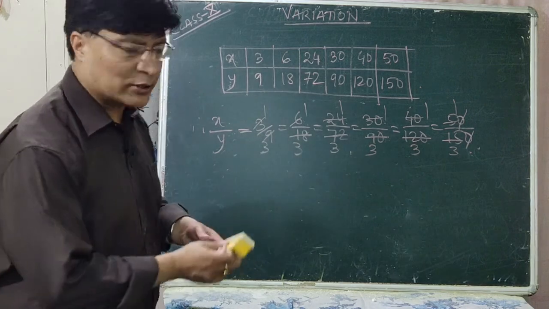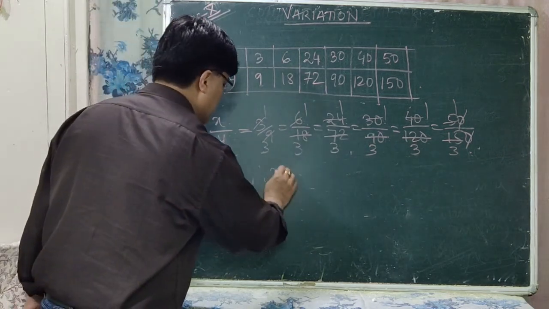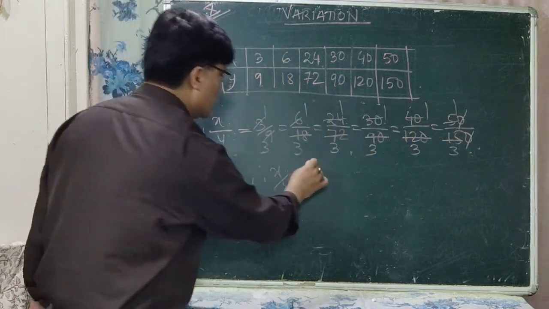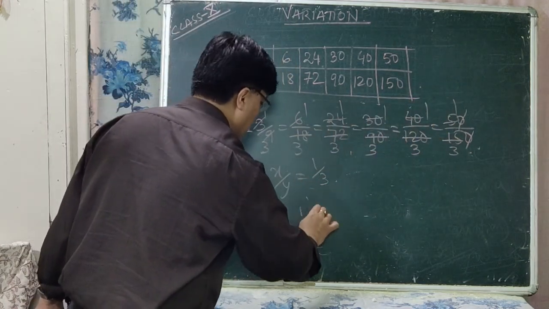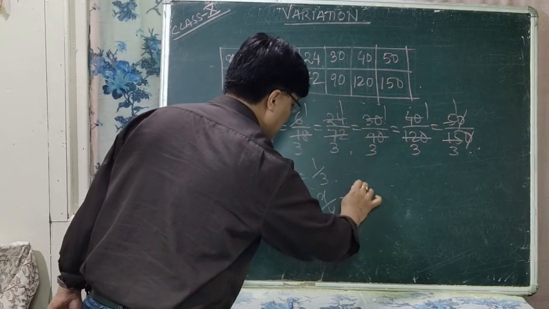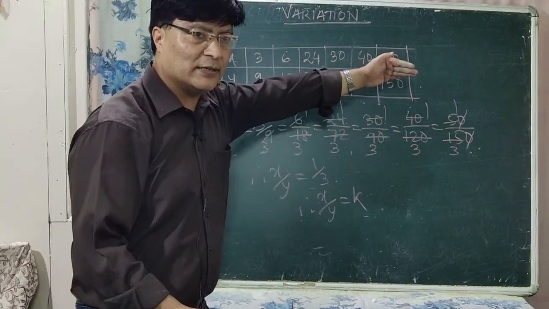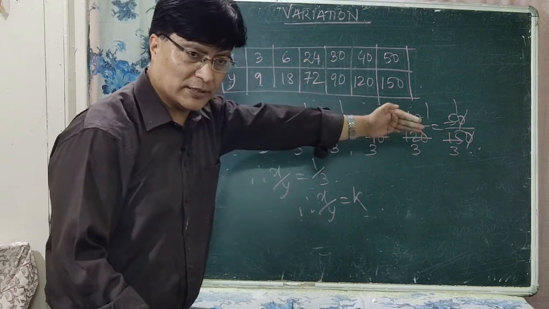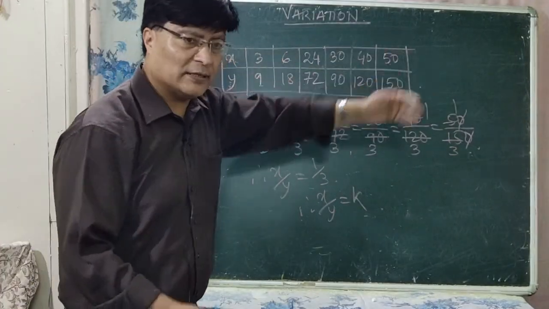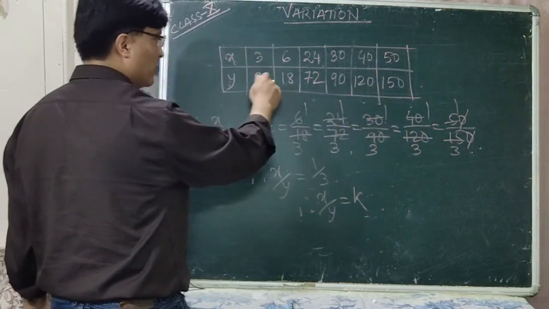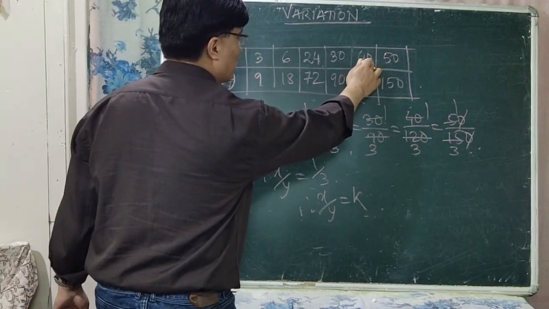So 1 upon 3 is also a constant, isn't it? That is, in all these cases we got the same value, which is equal to 1 upon 3. And this x upon y is equal to what? k. If x increases here, y also increases. If x decreases here, we can write it from the beginning. This is 50 by 150 for the first one, then second one 40 by 120.